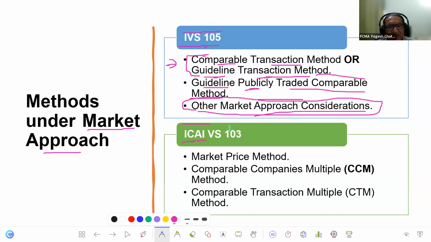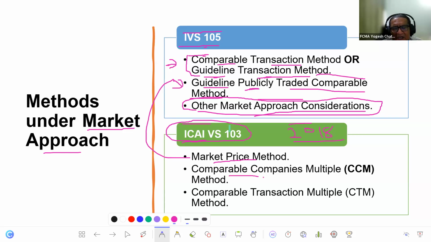And under the ICAI valuation standard, as we all are aware, the Institute of Chartered Accountants of India published its own valuation standard in 2018. Going by that, we have the market price method and the guideline publicly traded company method. You can relate that with the earlier one.